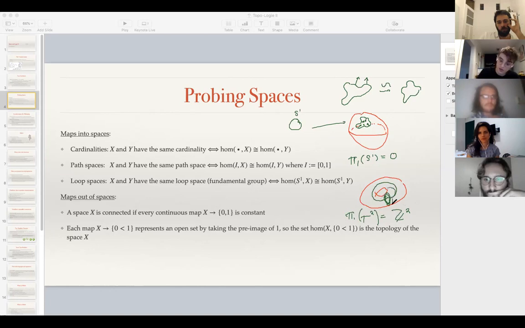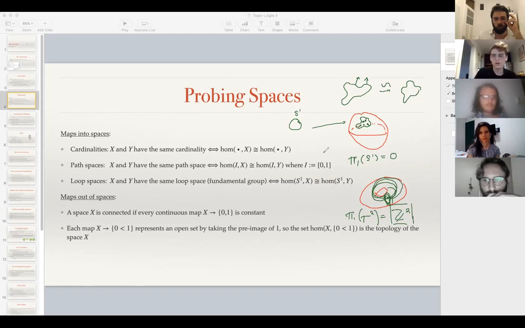I can also loop the other direction, or I can loop as many times as I want. I can loop twice and come back. However many times I loop is completely characterized by some point in the integers squared, so a pair of integers: how many times I loop around this way and how many times I loop around this way.